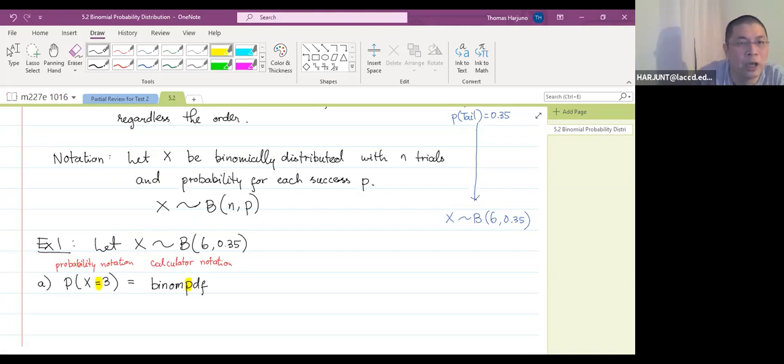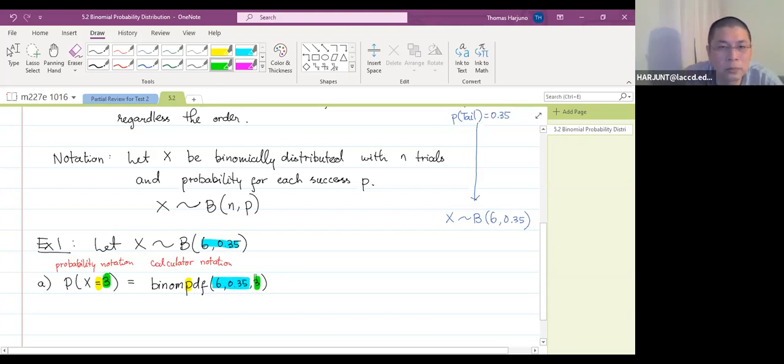Binompdf, parenthesis 6, 0.35, 3. The 6 and 0.35 come from the n and p, and the 3 comes from here. Now let's see how to use our calculator for that. I will grab my TI-84. Now please, if you have your TI-84, also grab that.